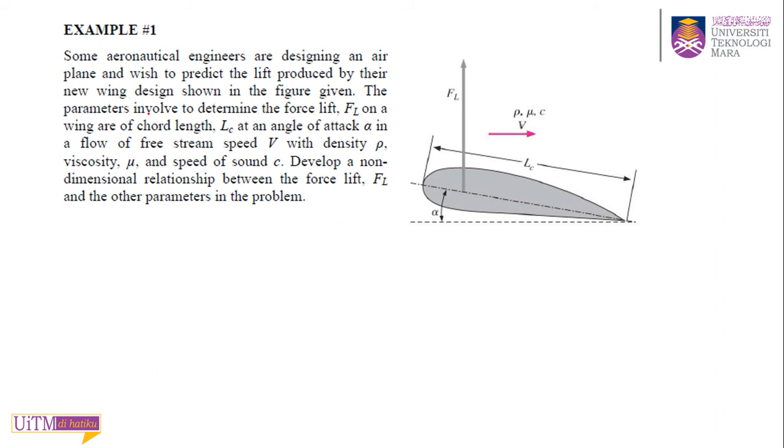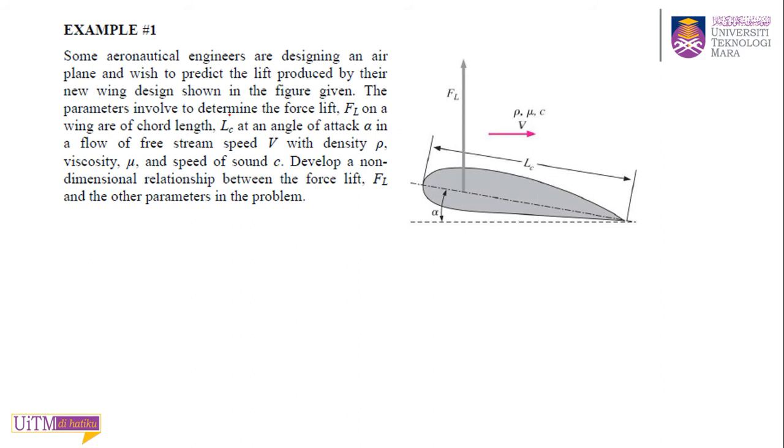The parameters involved to determine the lift force FL on a wing are the chord length c at an angle of attack α in a flow of free stream velocity V with density ρ, viscosity μ, and speed of sound c. Develop a non-dimensional relationship between the lift force FL and the other parameters in the problem. If you look at this example, they did not give you the repeating variables, right?